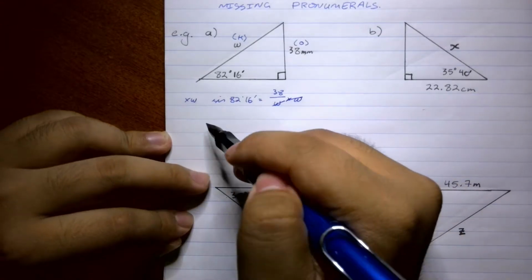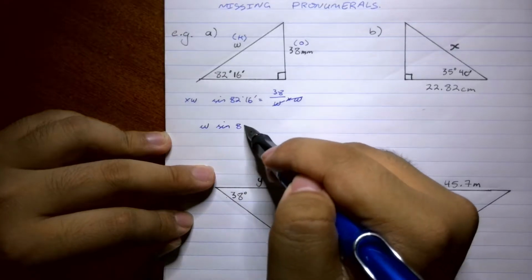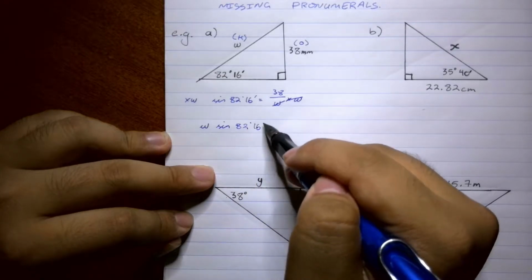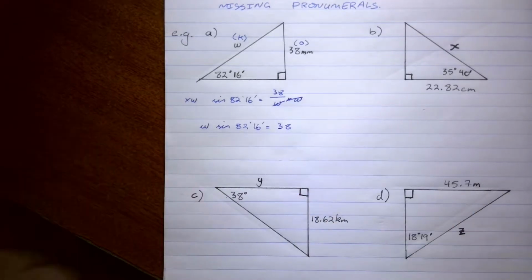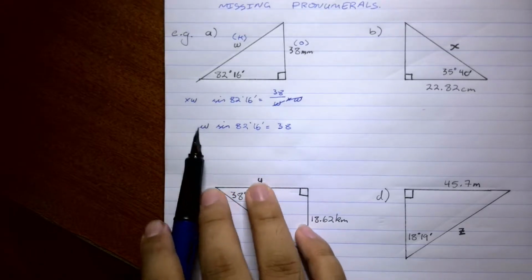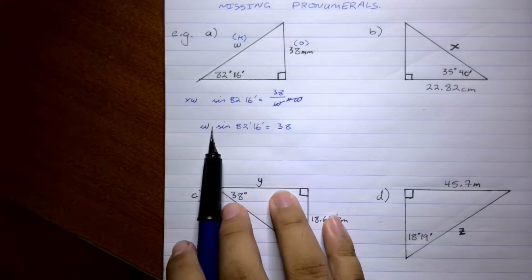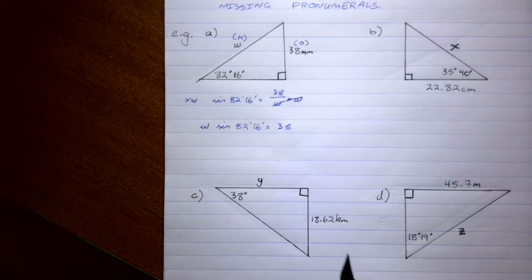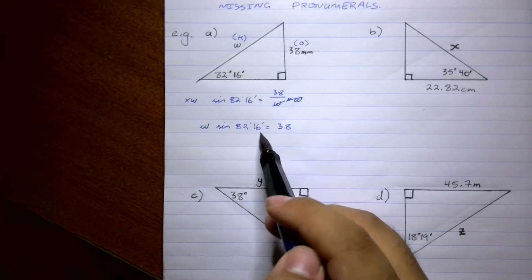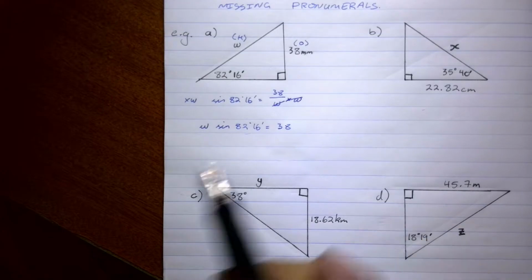So it'll be written as W sine 82 degrees 16 minutes is equal to 38. We're not done. We want to make W by itself, and since W is multiplying by sine 82 degrees 16 minutes, we can actually divide both sides by this trigonometry ratio.